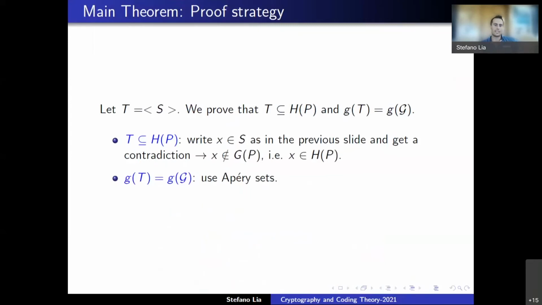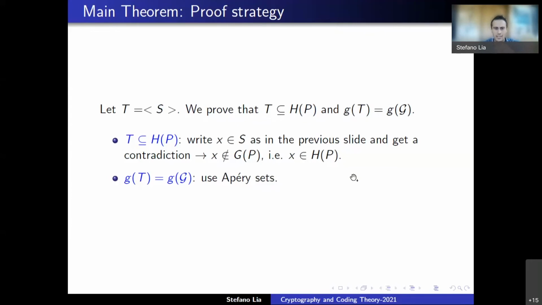Now, if we denote by T the semigroup generated by our set of generators, we have to prove that it is contained in the Weierstrass semigroup, and that it has genus equal to the genus of the GK curve. In this case, indeed, we have that each gap of the Weierstrass semigroup is also a gap of T, but they have the same number of gaps because it is, for both of them, the genus of the GK curve.